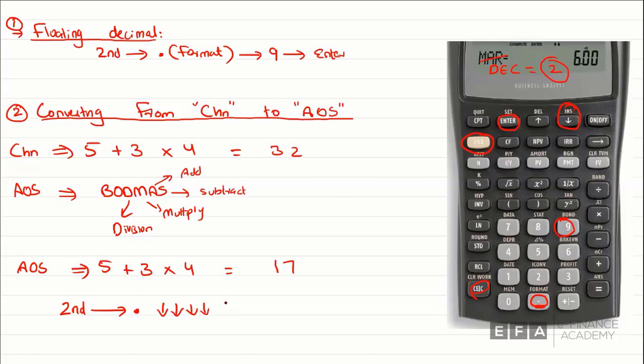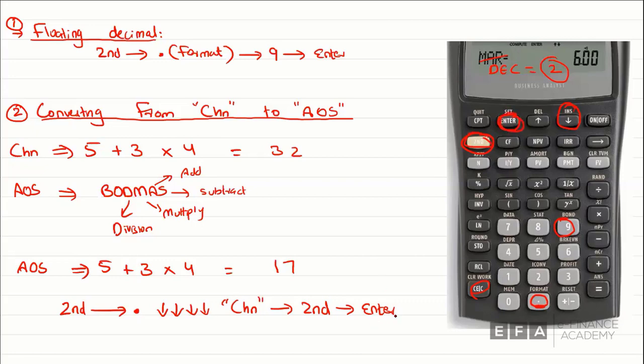And when you press it, you will now see on your display screen, if it's a brand new calculator, it should show CHN, which is chain rule. That's how your calculator is set to be. What you should do after this, when you have this on your display screen, is press second and followed by enter, which is right here, the second and the enter.